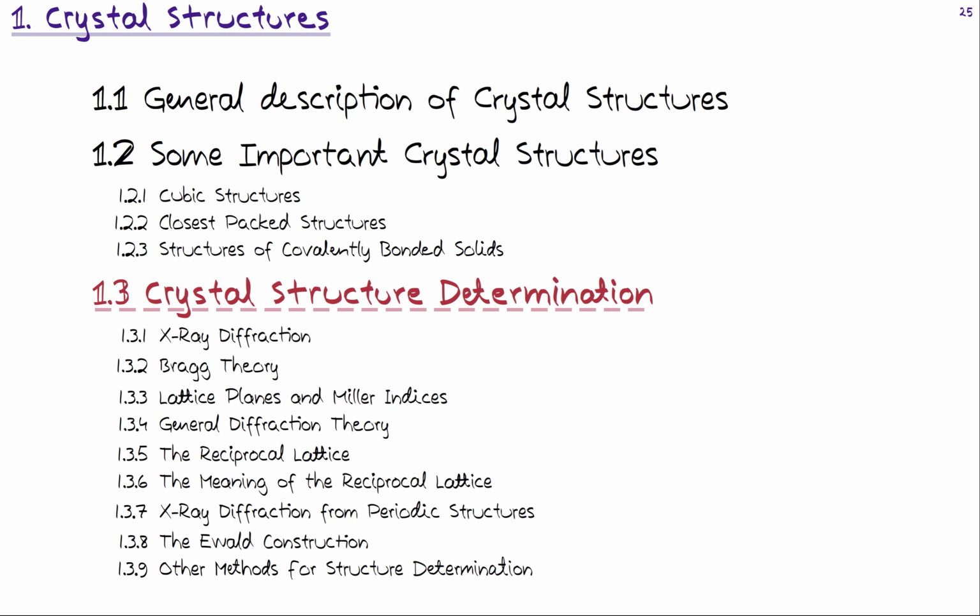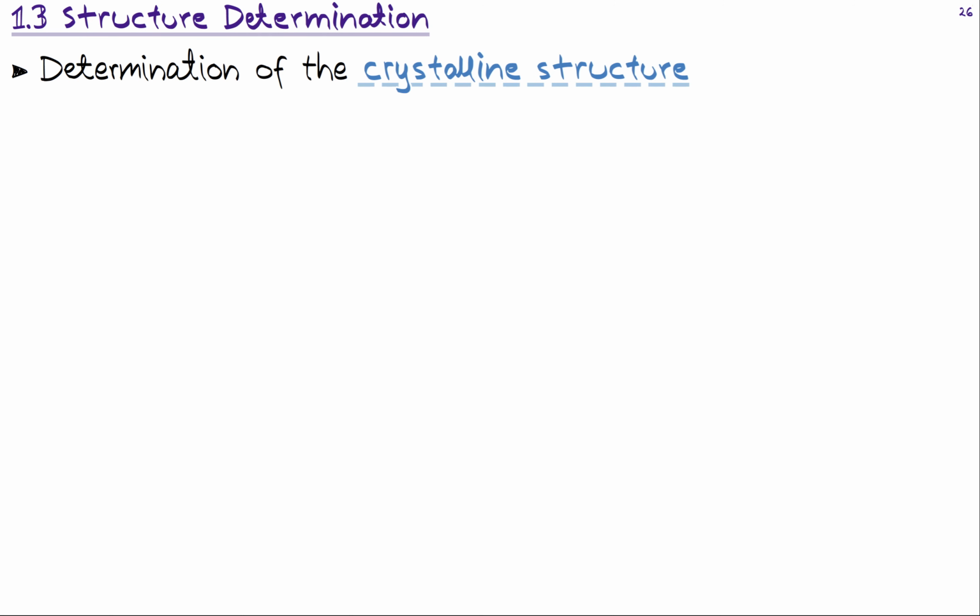We will first start by motivating X-ray diffraction, introduce the simplest of models, Bragg theory, and then speak of Miller indices. That is essentially a way to characterize what a lattice plane is, and the rest will be left for the upcoming lectures. So I will start by outlining very briefly what we will be covering here.